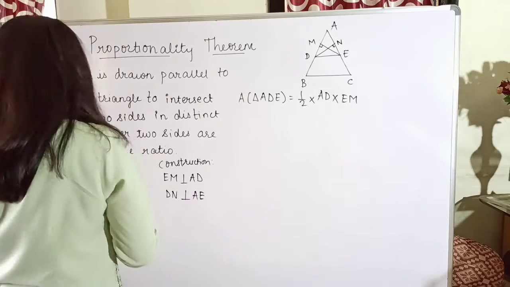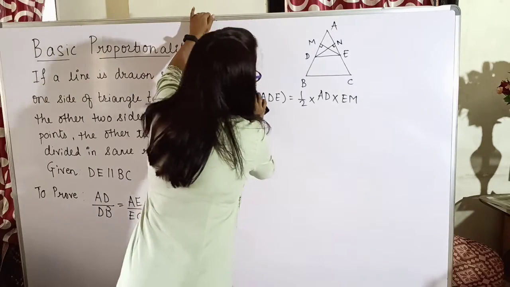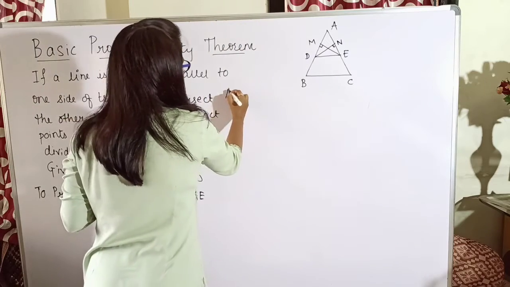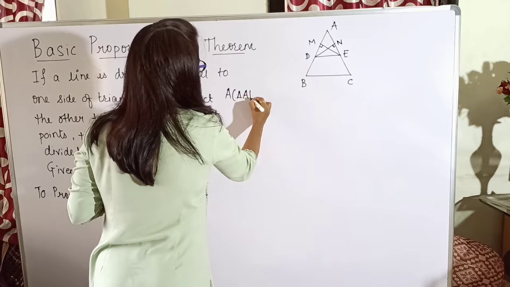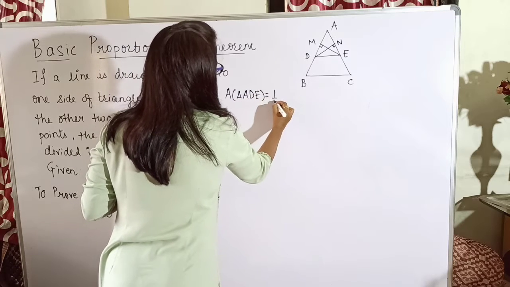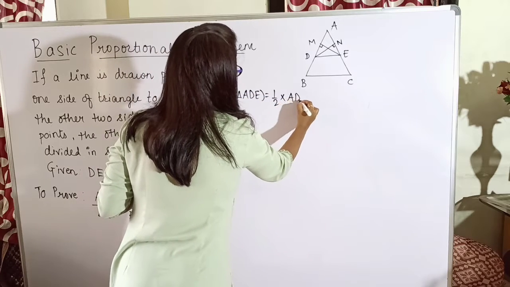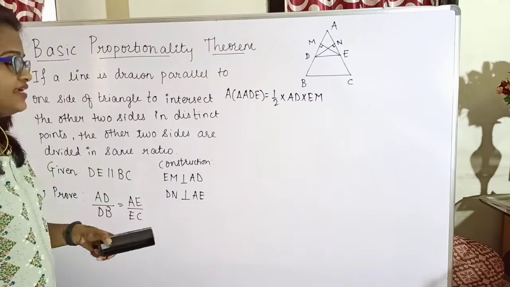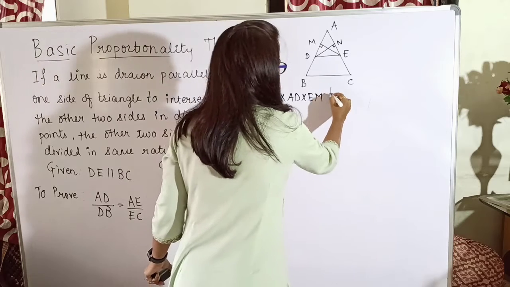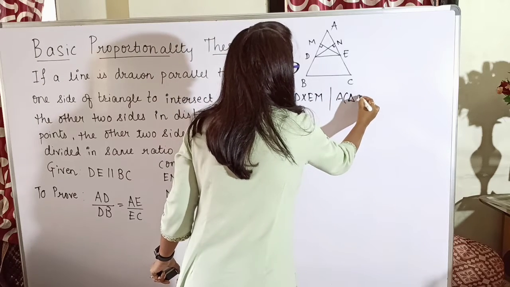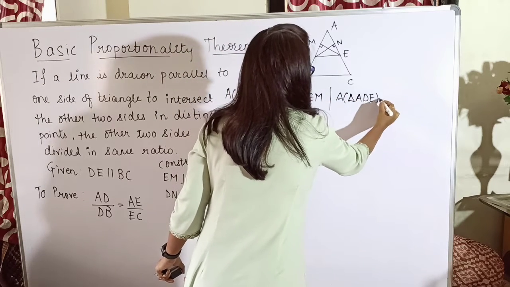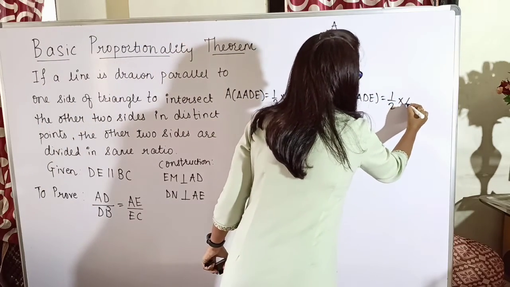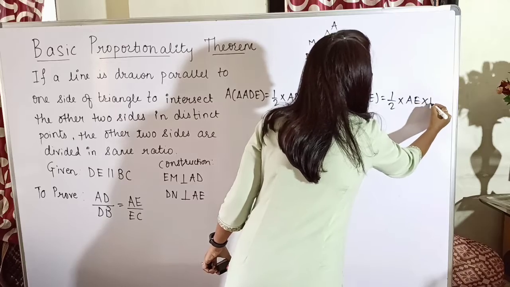Okay. So what will be your area of triangle ADE? Yes, in first case, area of triangle ADE was equal to half into AD into EM, right? In second case, your area of triangle ADE is equal to, now I am taking the base to be AE, so what will be my height?